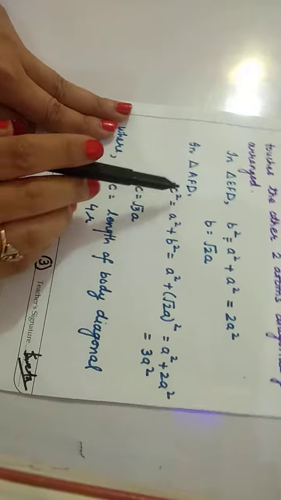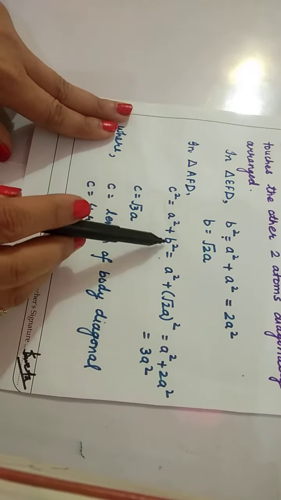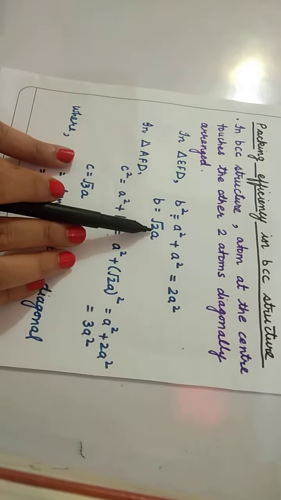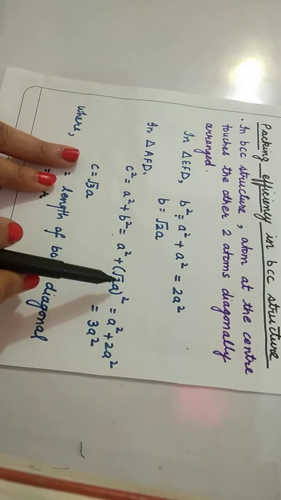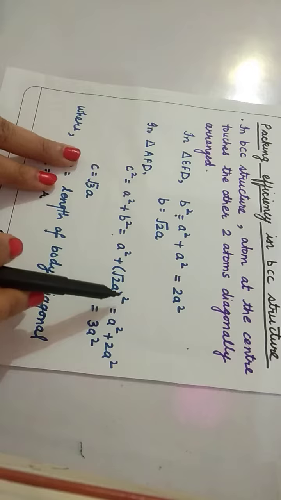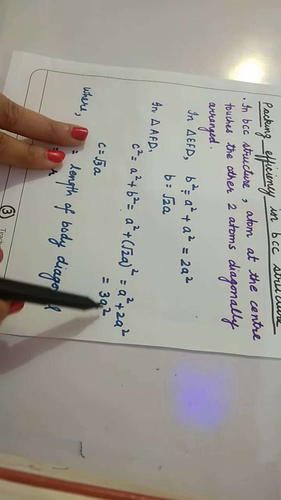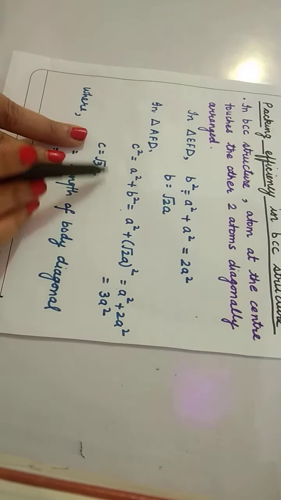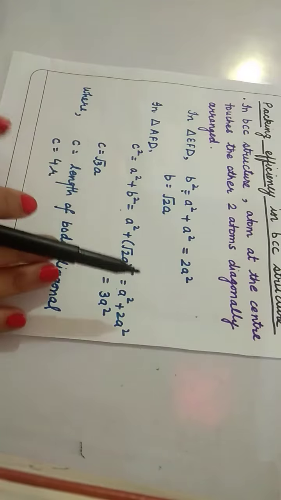Now earlier we have found out B is equals to root 2A. So we'll put the value of B in this. So A square plus root 2A square is equals to A square plus 2A square is equals to 3A square. So C square is equals to 3A square. So we'll take the square root of this. So C is equals to root 3A.